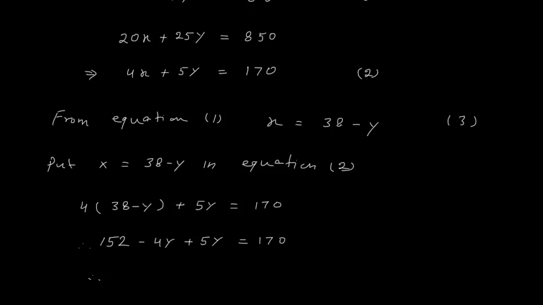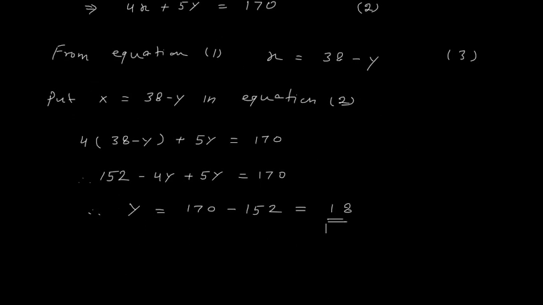So therefore 5y minus 4y is y. So y is equal to 170 minus 152, as 152 will move to the right. So 170 minus 152 is 18. So the value of y is 18.